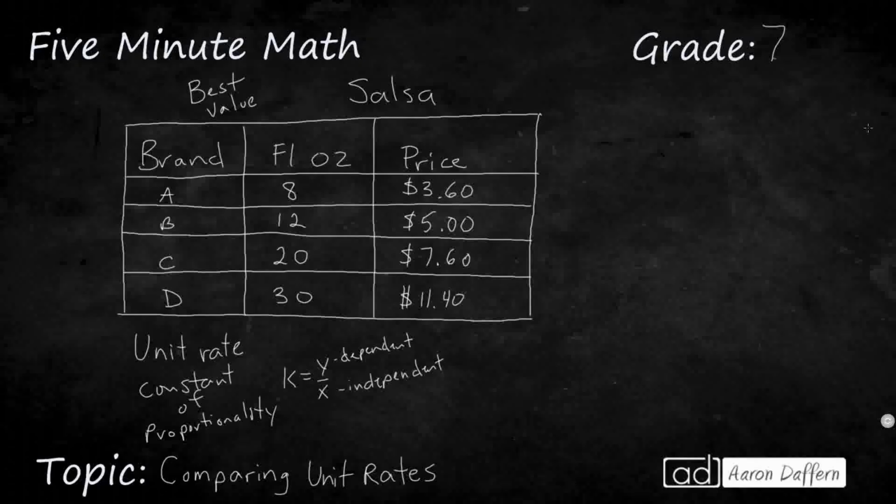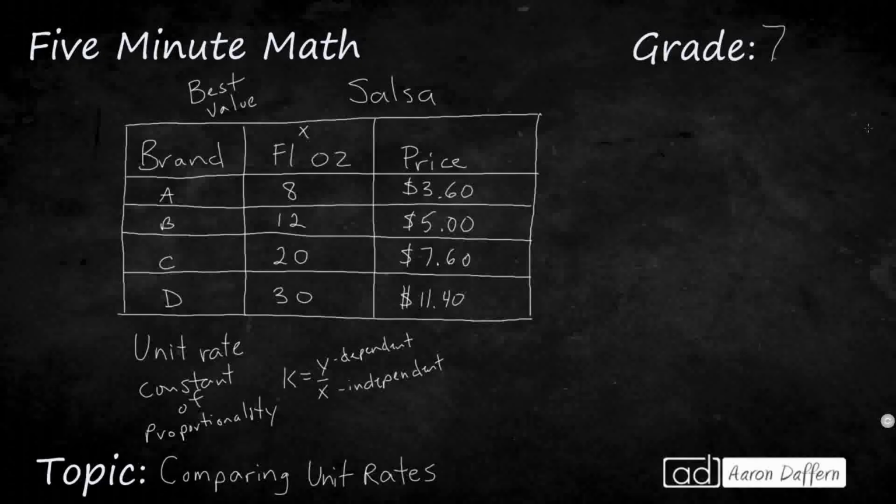The independent variable value is the one that starts the change, and the dependent changes because it depends on the x value. And so we're going to label fluid ounces as our x because the different brands of salsa A, B, C, and D are just different sizes.